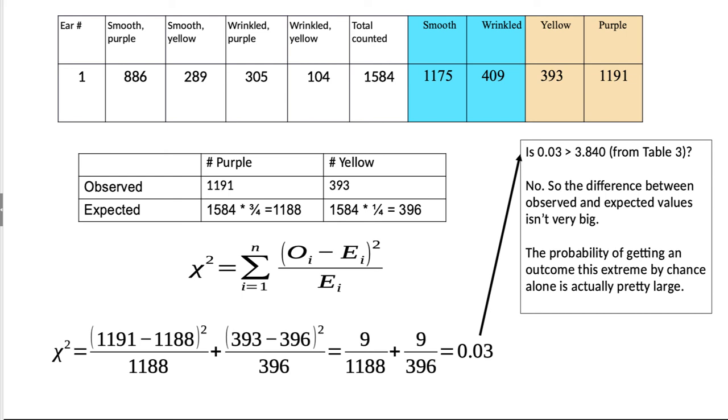And we'd multiply 1584 by 1/16 to get the number of wrinkled yellow. After you do this, remember that you're going to have now 4 categories, and so you'll need to calculate your chi-square value for each of those 4 categories, and so you'll get a longer chi-square equation with 4 categories all being summed up, and you'll get your final chi-square value.